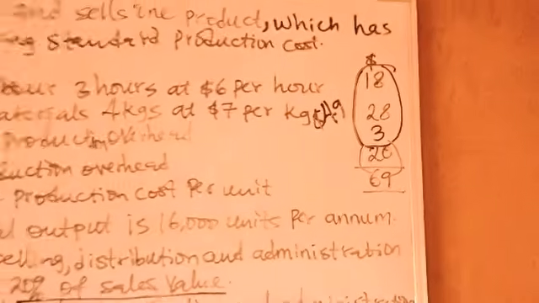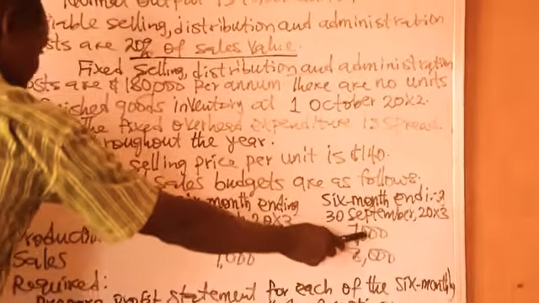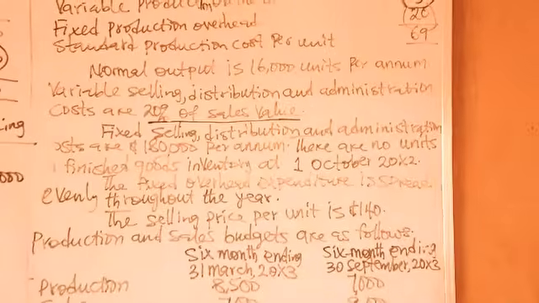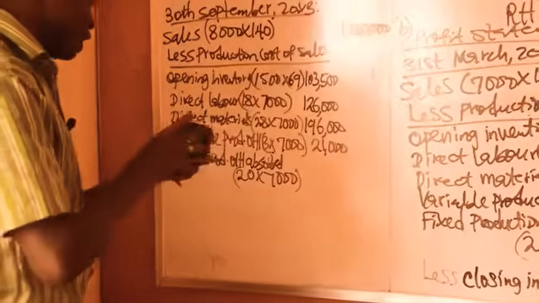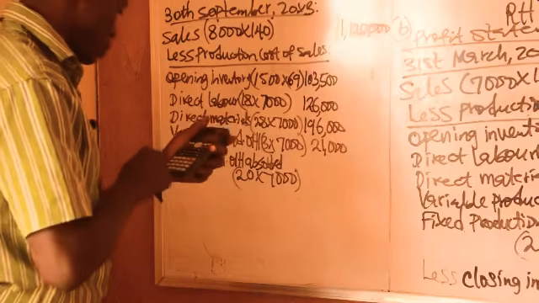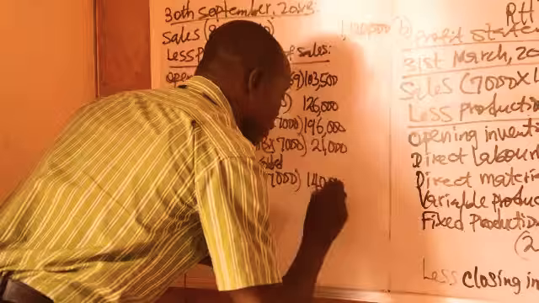To absorb your overheads, you multiply by the actual production, which is 7,000 for the second period. 20 times 7,000 will give us 140,000.